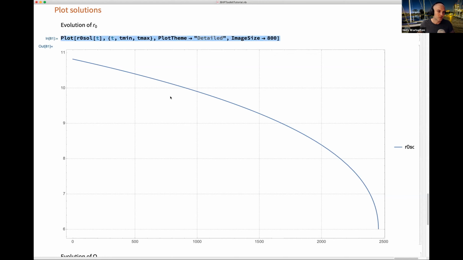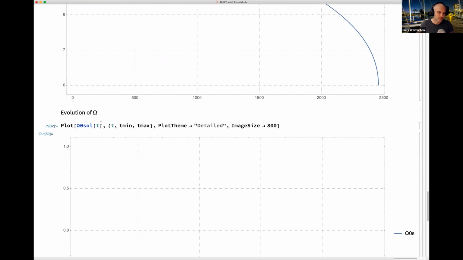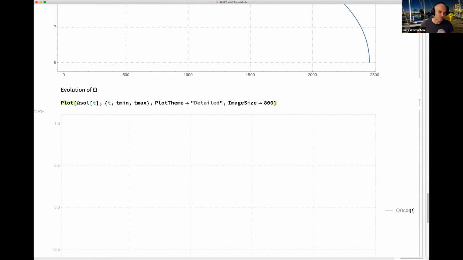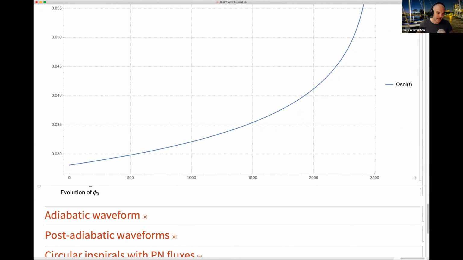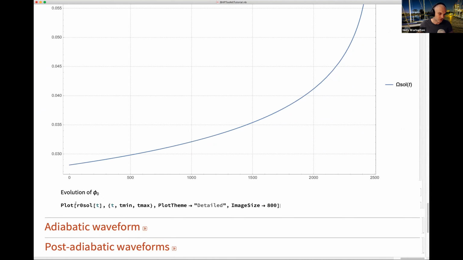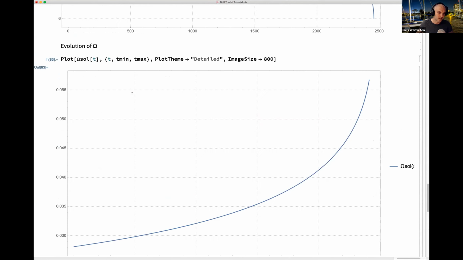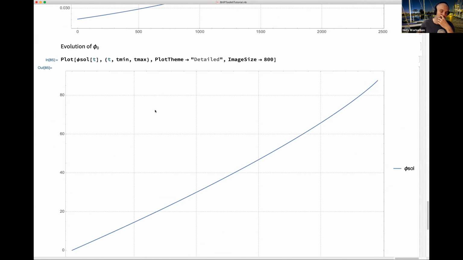And we can do, of course, exactly the same now because we've already solved this for our orbital frequency, which has a different name, just omega sol. So this is the frequency evolution as a function of time. And likewise, you could do the same for the phase evolution, which again is just phi sol. So there's the evolution of the phase.